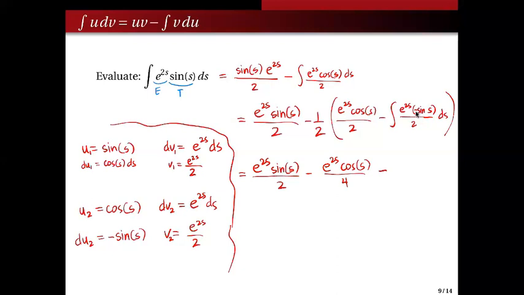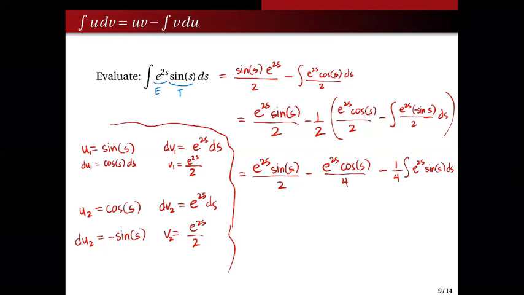Look at this. There is a minus in here. So it becomes plus. But there's a minus all the way outside here. So we still have minus. But anyway, we will have 1/4 integral of e to the 2s sine s ds. Okay? Any questions so far?